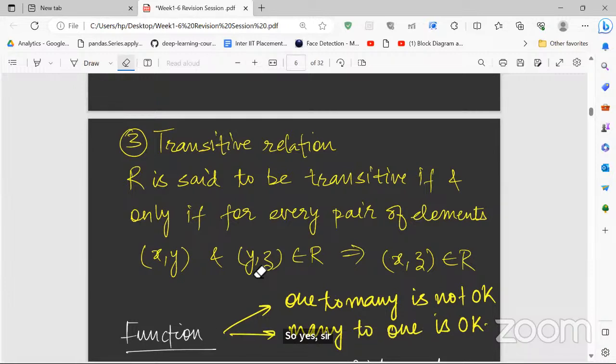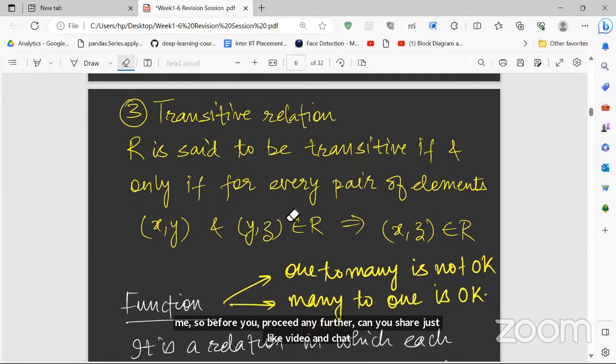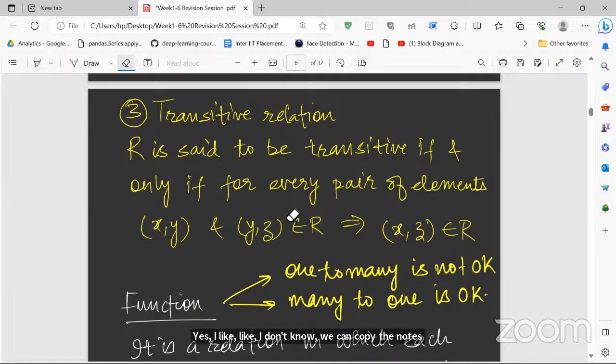Sir, before you proceed any further, can you share this PDF in the chat, sir? We can copy the notes while you're teaching us. Okay, so how will we share this?